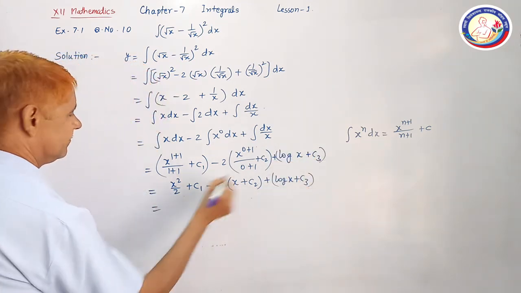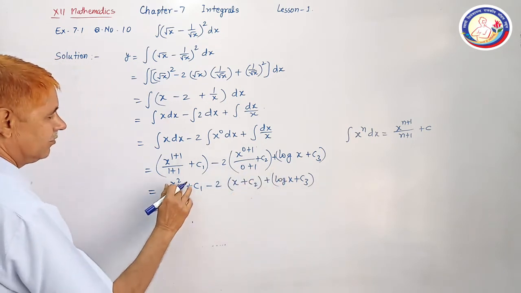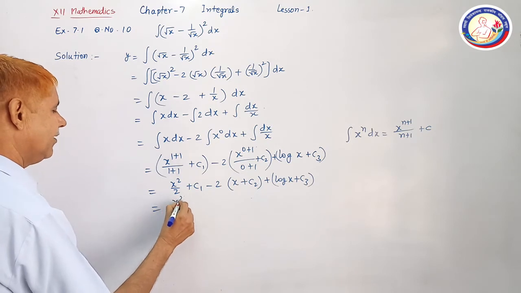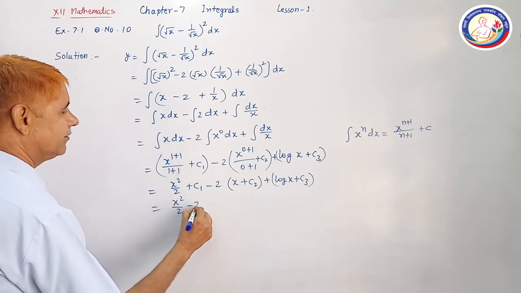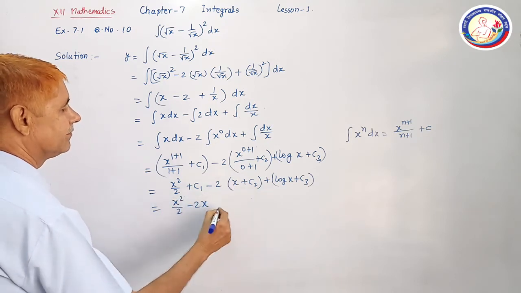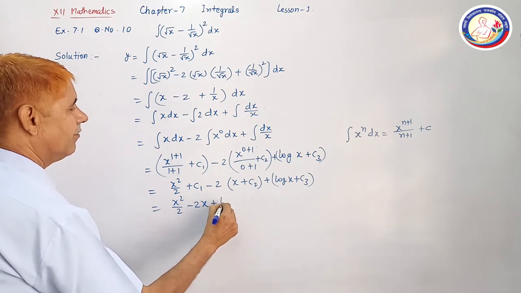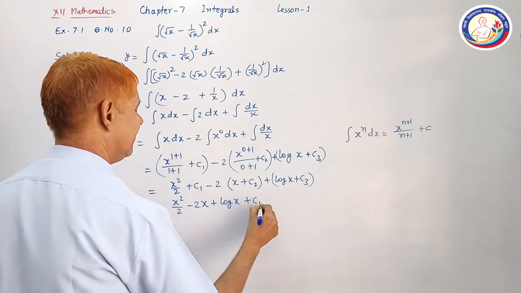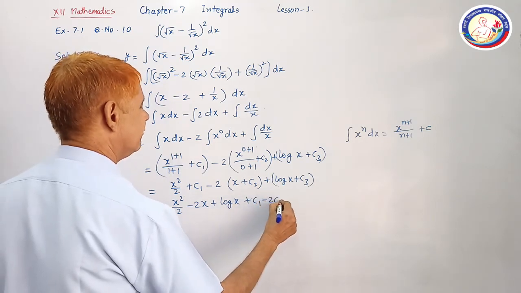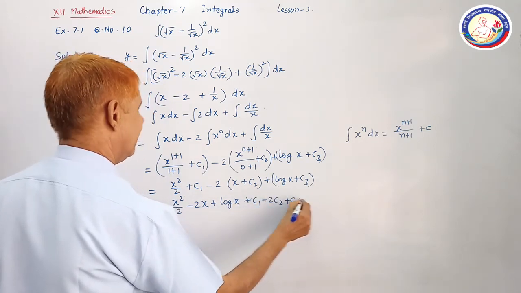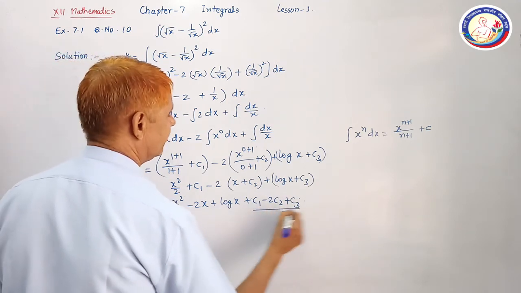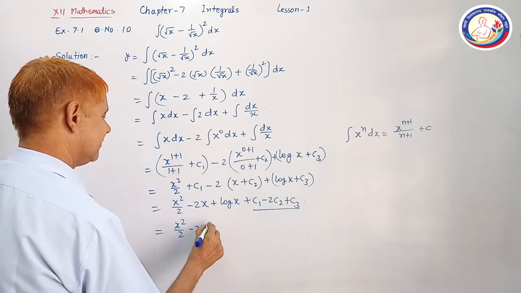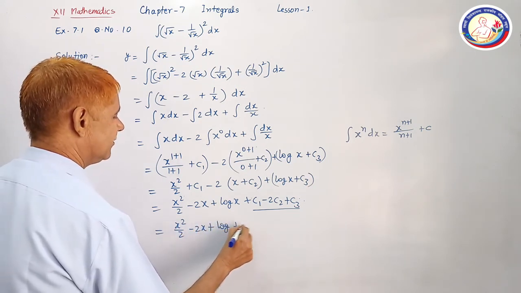Now expand this, solve this further or simplify this. x square upon 2 minus 2x plus log of x plus c1 minus 2c2 plus c3, and write a new constant of integration, that is x square upon 2 minus 2x plus log x plus c.